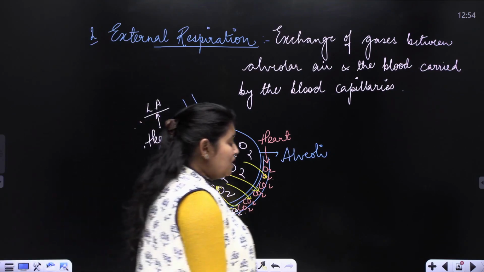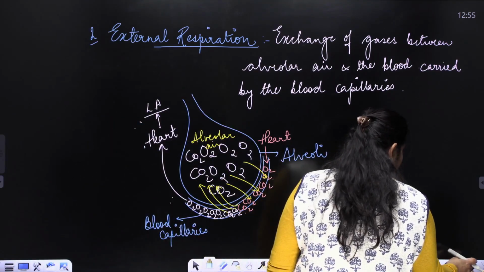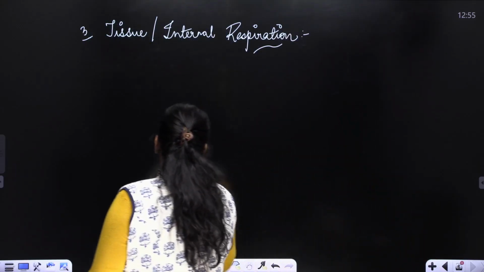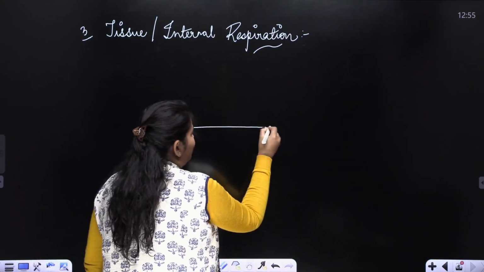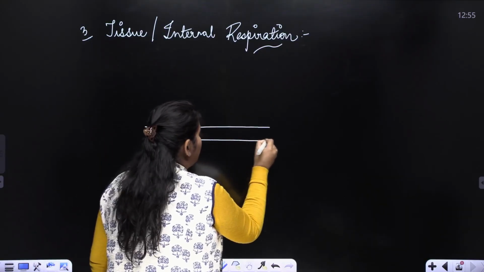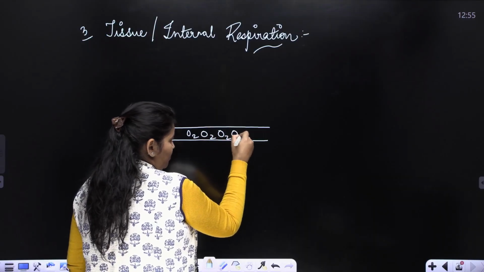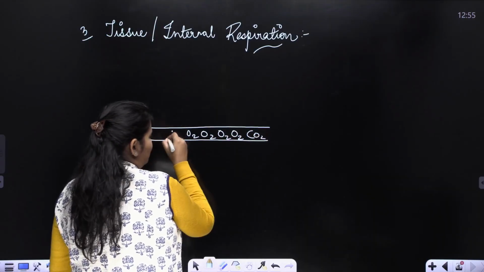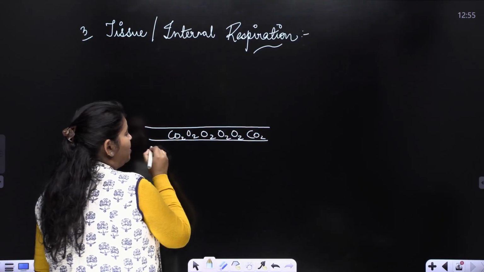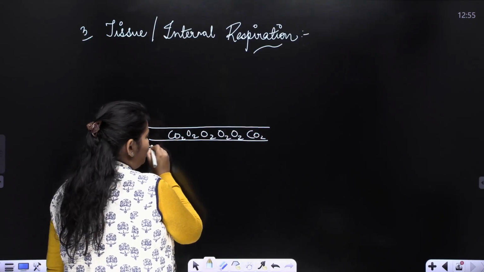Right? Now, once it is distributed, what does it mean? Distribution means the blood capillary has now brought oxygen-rich blood, still having some CO2, all right, but more of oxygen, as you can see.